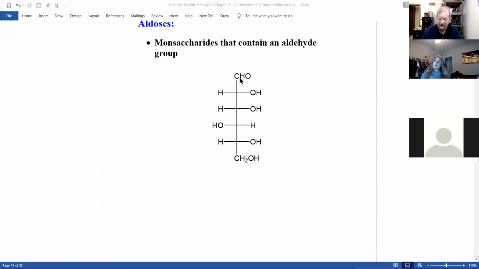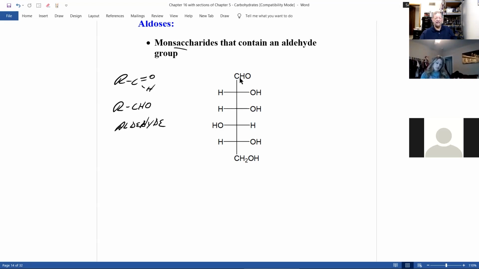Remember, when we talked about it in the chapter on ketones and aldehydes, I drew it this way, but I also mentioned you can write it this way. These are both ways of designating an aldehyde. This is a monosaccharide, a polyhydroxyaldehyde that contains an aldehyde group: glucose.